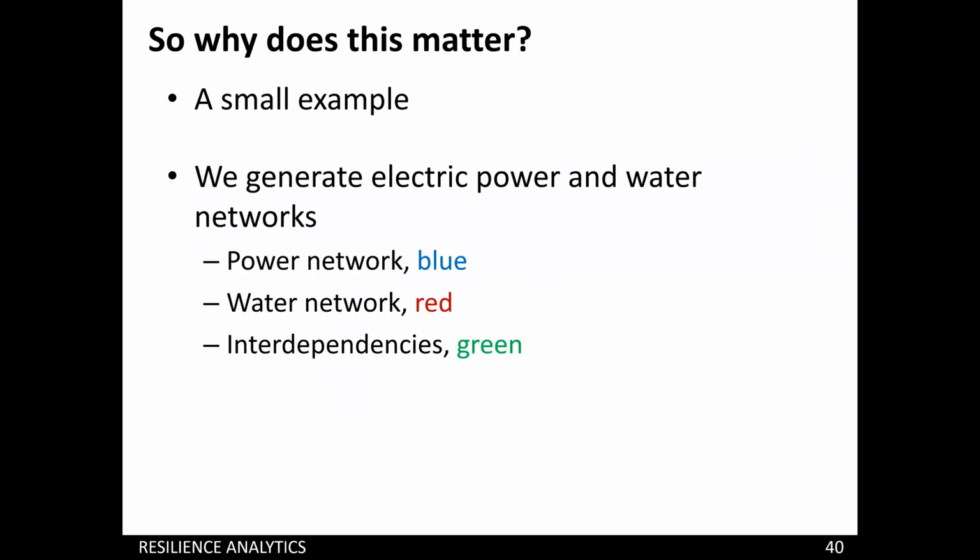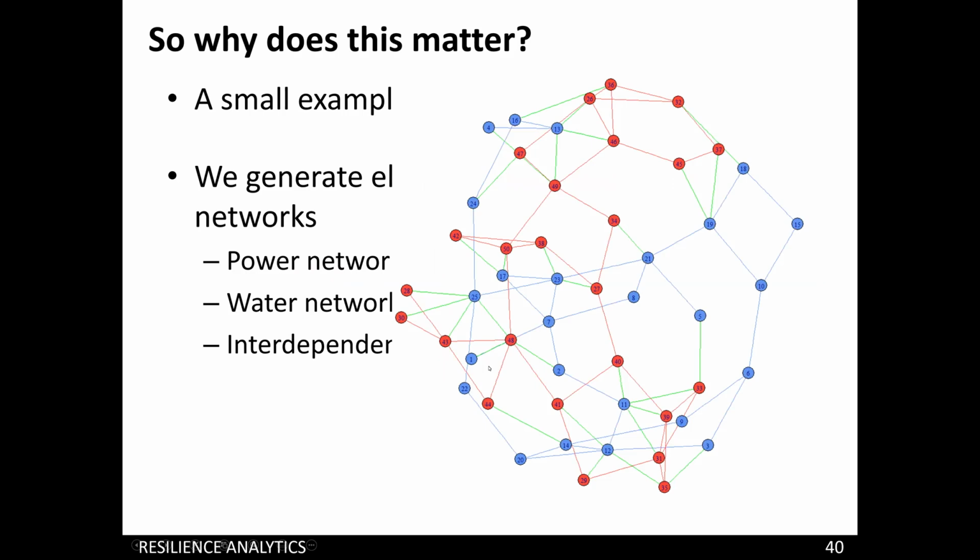We used a network generator to generate interdependent networks that have power and water characteristics. So the power network is in blue, the water network is in red, and then the interdependencies between those two are in green, and we see that graph here. Okay, again, a contrived example.